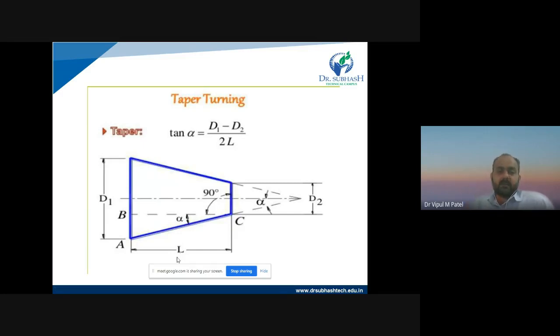On the basis of that, you can easily find alpha. D2 is the final diameter, D1 is the initial diameter of the workpiece. So this is taper turning.